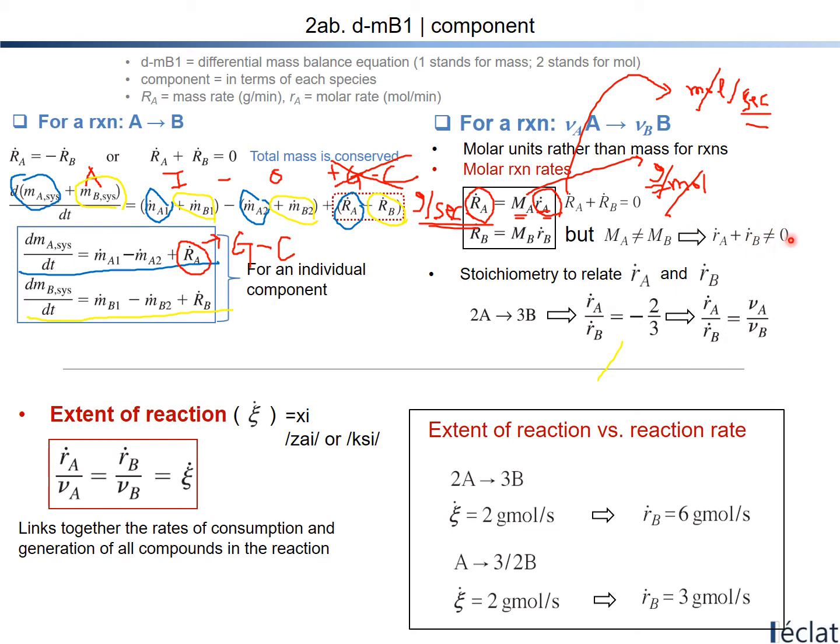It's an important thing. Because sometimes 2A is going to just 1B, or 1A is going to 3B, or something like that. So the summation of the molar reaction rate of each component cannot be 0.